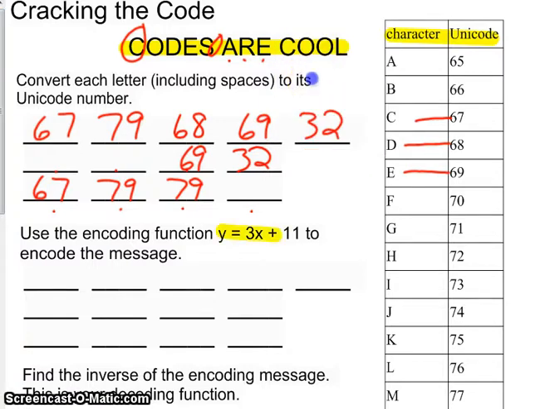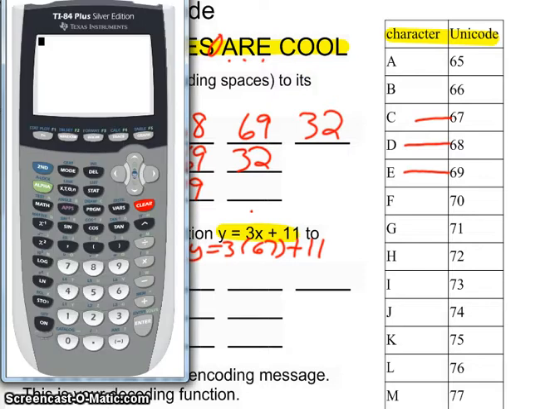So here we go. This is the encoding function. What we're doing is plugging these numbers in for x. So I've got y equals 3 times 67 plus 11. I brought up my calculator.